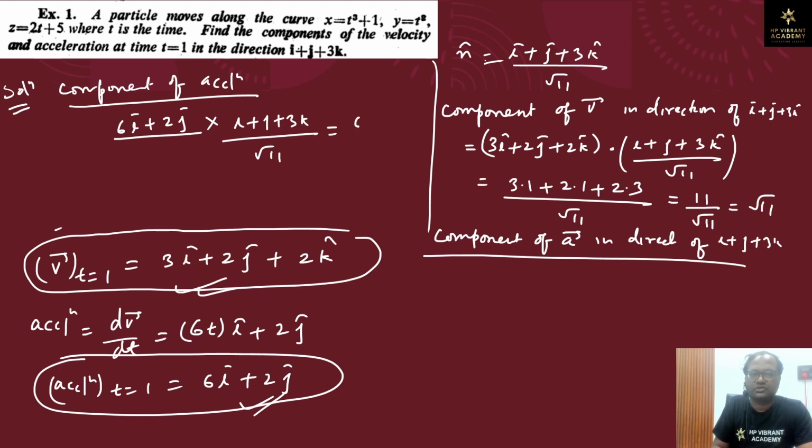So this is equal to (6 into 1 + 2 into 1) upon root under 11. This is 8 upon root under 11.